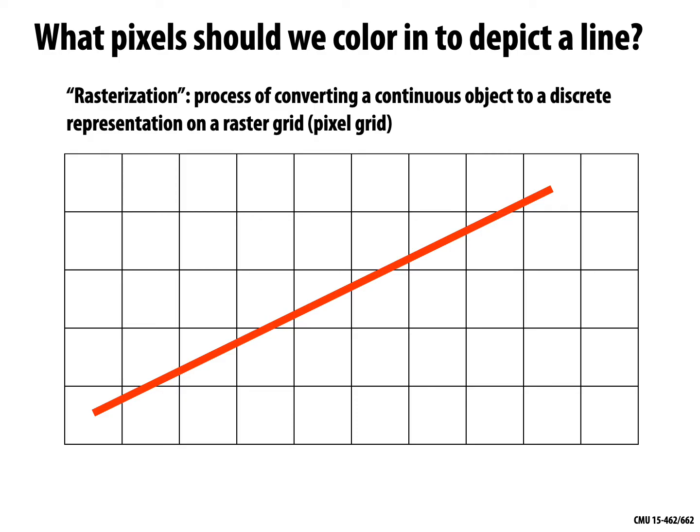That process of turning the high-level description of the line segment into a set of pixels is called rasterization. Right? Rasterization is a process of converting a continuous object to a discrete representation on a raster grid or pixel grid. Okay? So how might you answer this question? The question at the top of the slide. Right? What pixels should we turn on to depict this line? What do you think?